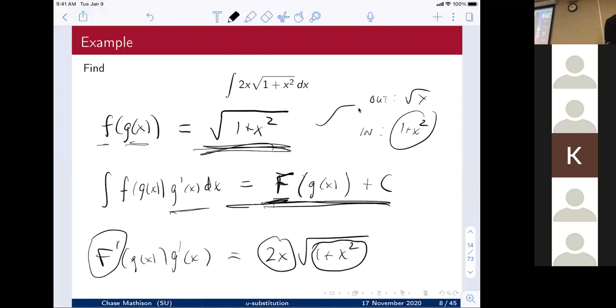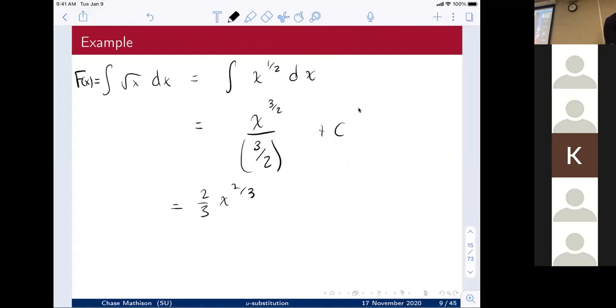So then I know I'm looking at something that looks exactly like this. The integral of f of g of x times g prime of x. Little f is the square root of x. g of x is 1 plus x squared. And so that means that I have to get the antiderivative of the square root of x, which we just found, evaluated at g of x.